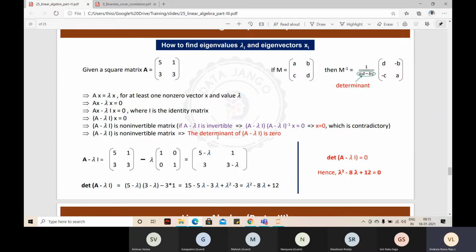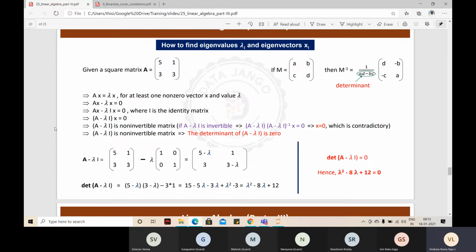If we are trying to find a non-zero eigenvector and non-zero eigenvalue, A minus lambda I should be non-invertible. It should be singular. So when it is a singular matrix, the determinant of the matrix should be 0.